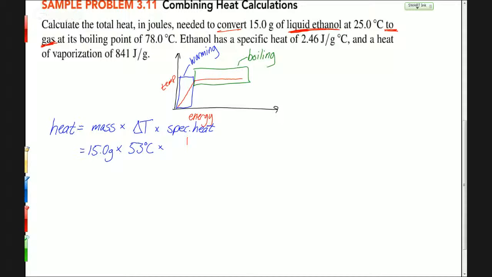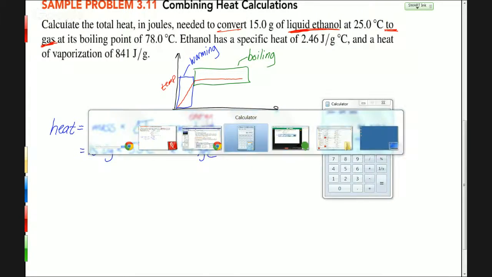And the specific heat is different too, because we're not dealing with water. So it's not just one. We're not even given a specific heat in calories. This time we're given it in joules. So that's 2.46 joules per gram degree C.